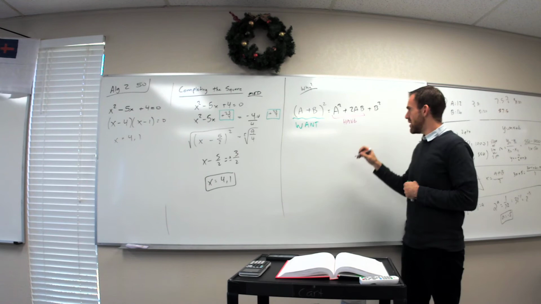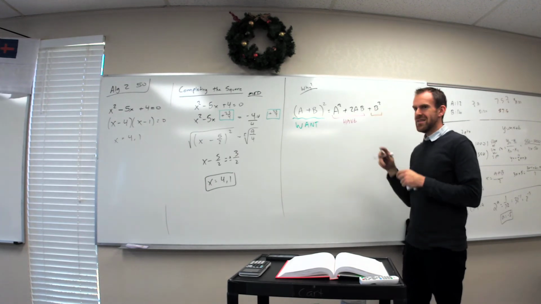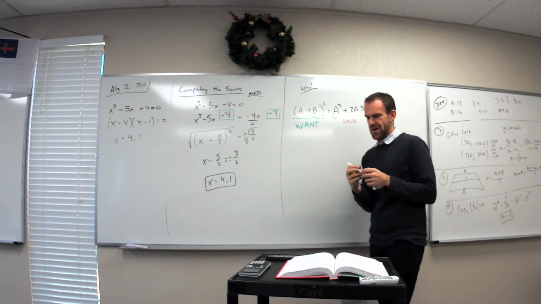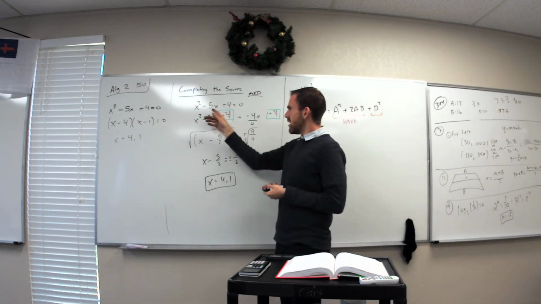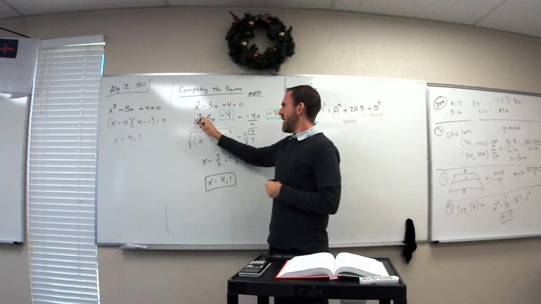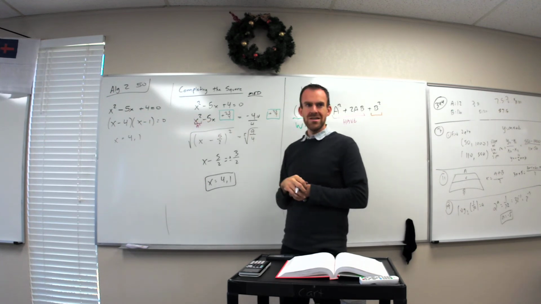We're missing b squared. This is the hard version, so if this goes over your head, don't worry, just follow the steps and you'll be fine. Here, we have that, which is our a squared. So what does a equal?